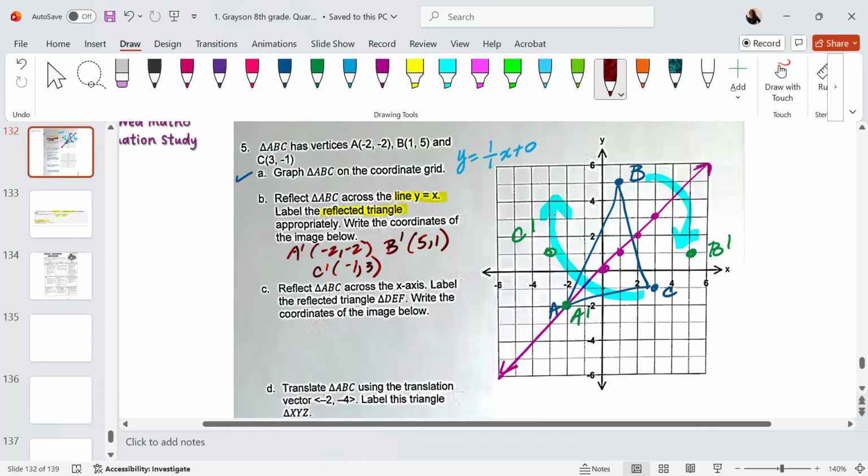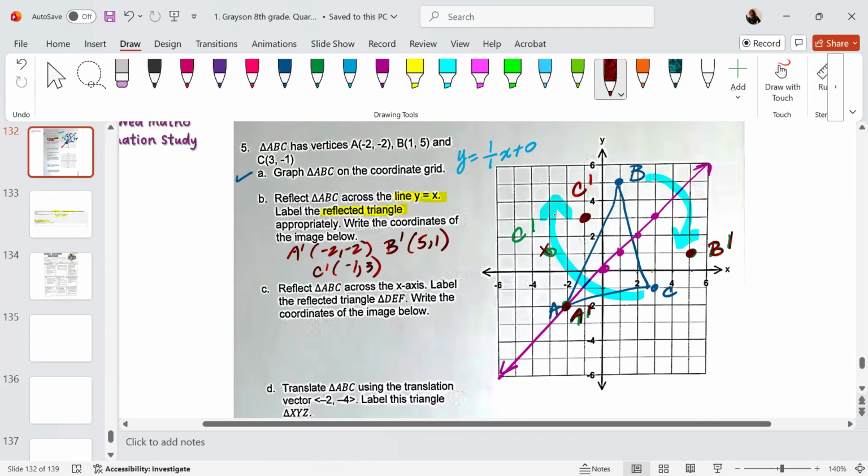C prime, -1 and 3. Do you see how I was actually wrong? Do you see how when I put -3 and 1, that's not correct? So trying to flip this over this line is not accurate. Do you see that? So you have to rely on this. Now B prime is 5, 1. Actually, B prime is correct. I actually did that one correct. And then A is just -2, -2.